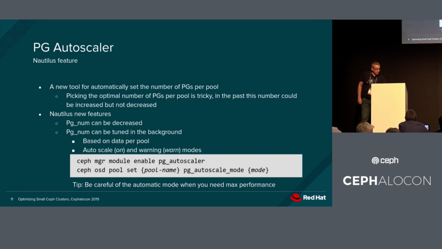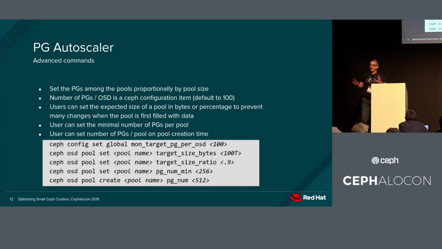On the other hand, you could help the autoscaler by telling it ahead of time what your expectation of data per pool is, and it would do the autoscaling based on this. You could say, either in capacity or in percent, what you expect this pool to be out of the system.